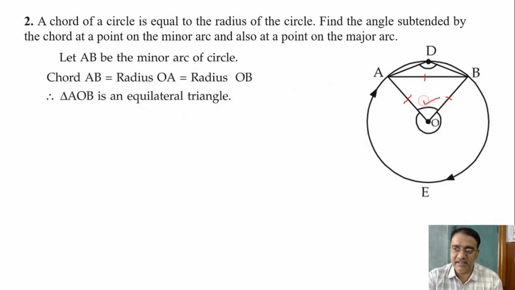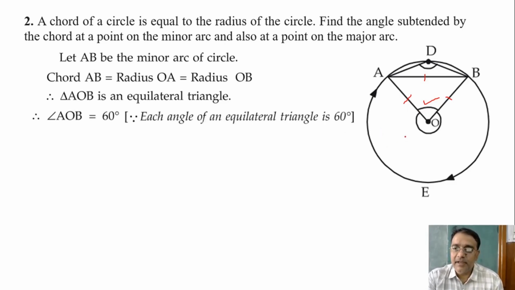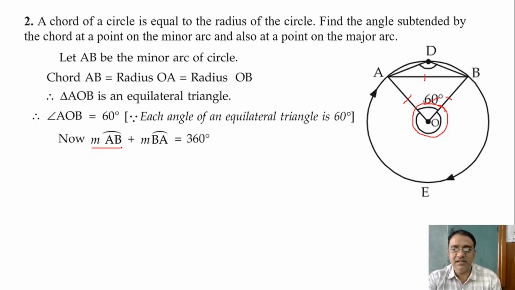So what is the value of this angle? 60 degrees. Very good. Why? Because each angle of an equilateral triangle is 60 degrees. Now the measure of arc AB and the measure of arc BA, meaning I'm talking about the total angle, is equal to 360 degrees, right? The measure of arc AB is angle AOB, and the measure of arc BA is reflex angle AOB.